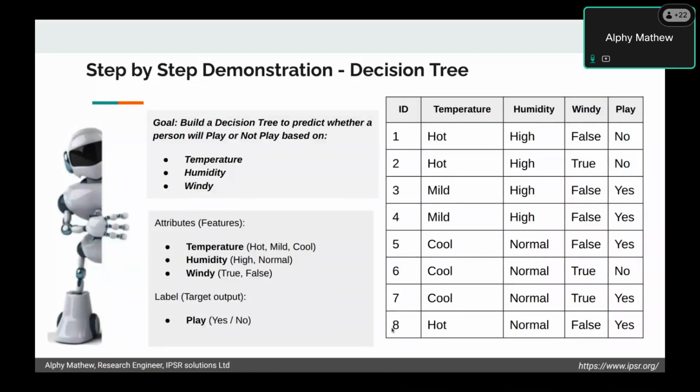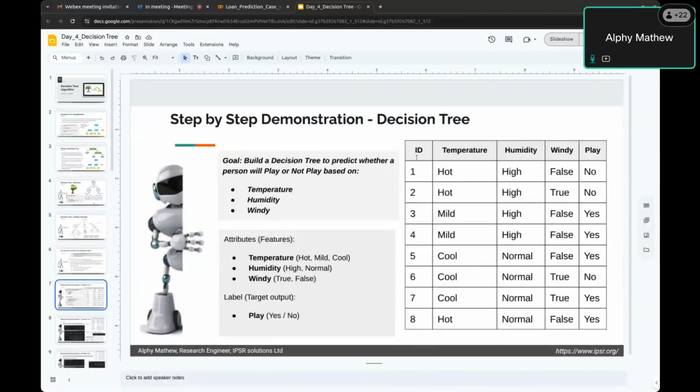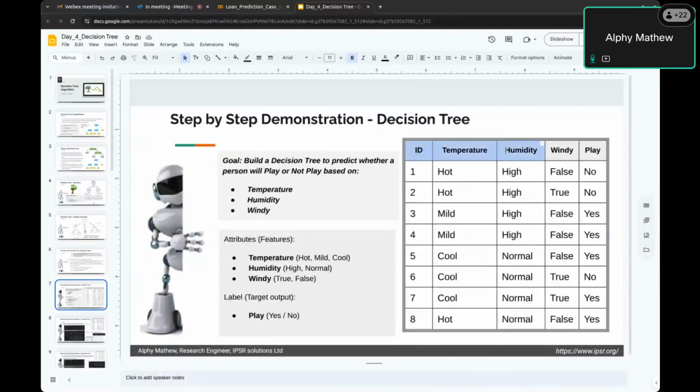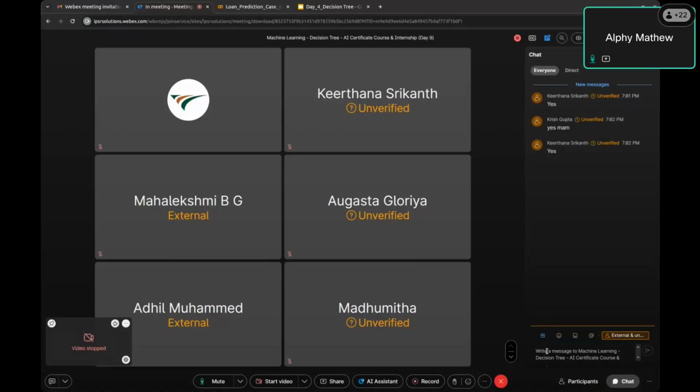Suppose we have a mini data set here with only 8 observations. You can see 8 rows. What are the columns it has? It has an ID column, temperature column, humidity column, windy column, and play column. Just a quick question: among these five columns, what are the input variables and what is the target variable?